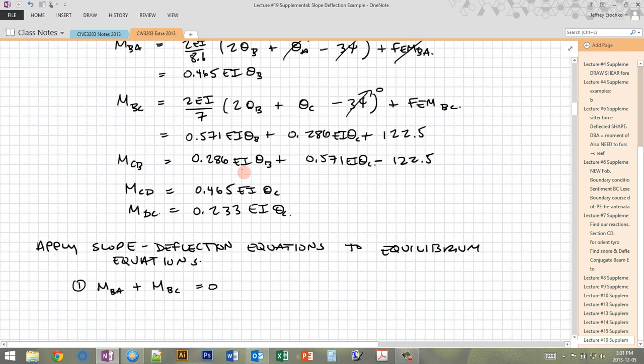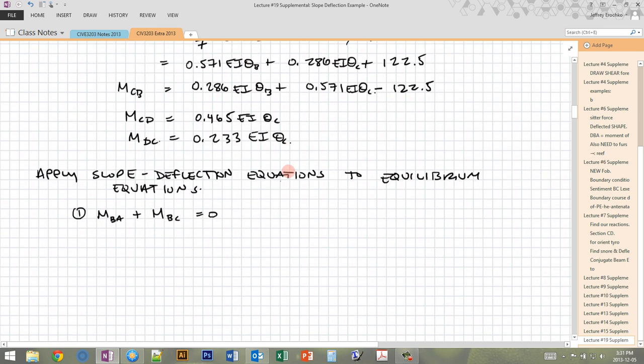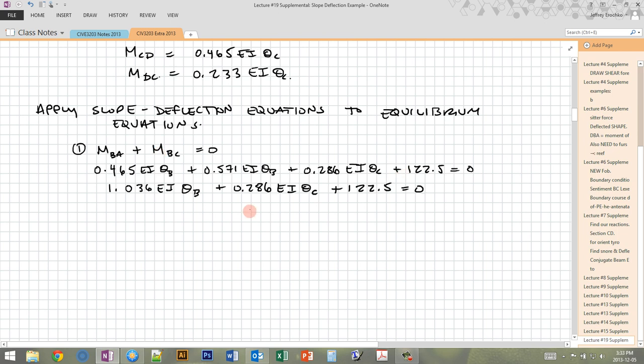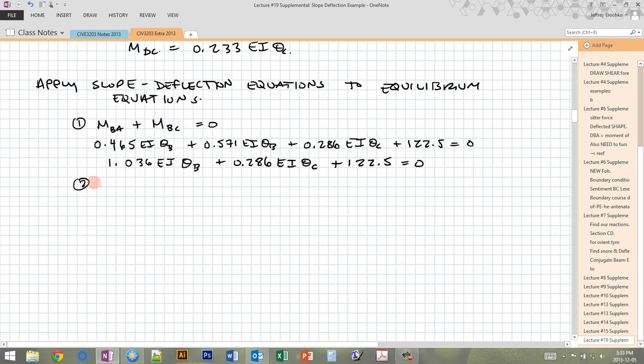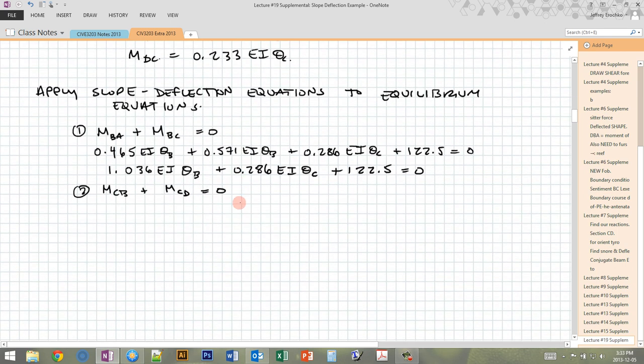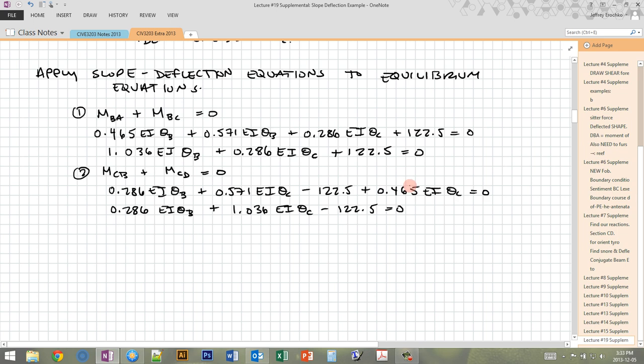There's MBA, there's MBC. I'm just going to plug those in here. So here's MBA. These three terms together are MBC, and then I can simplify. And now I'm going to do the same thing for the second equilibrium equation, which was MCB plus MCD equals 0. So I'm going to again take those from here and plug in the results and simplify.